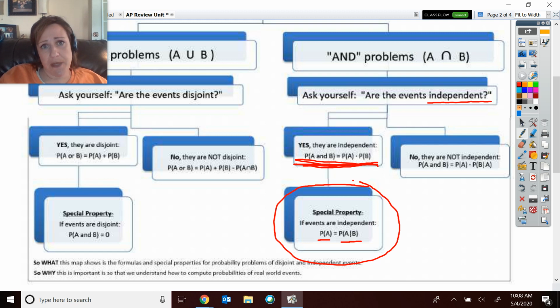If they are not independent, then you have to do the probability of A, but if A has happened, then you would multiply it by the probability of A given that B has happened. This occurs, for example, if you don't have replacement. If you take out one person, or you take out a green marble from the bag and then you do not replace it.